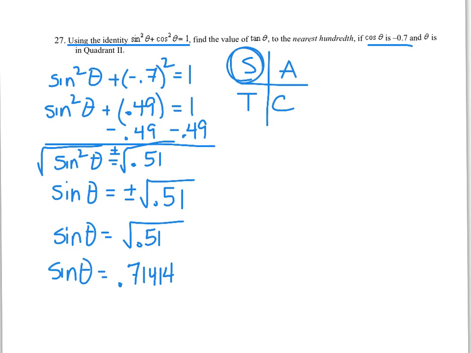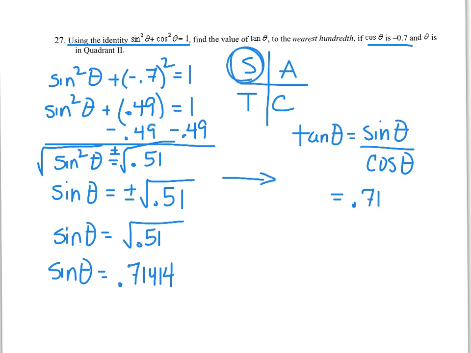All right, now, we didn't answer the question because the question is asking for tangent. So, here we go. Well, I know that tangent is the sine of theta over the cosine of theta, right? So I just found the sine value. It's 0.71414, and so on.